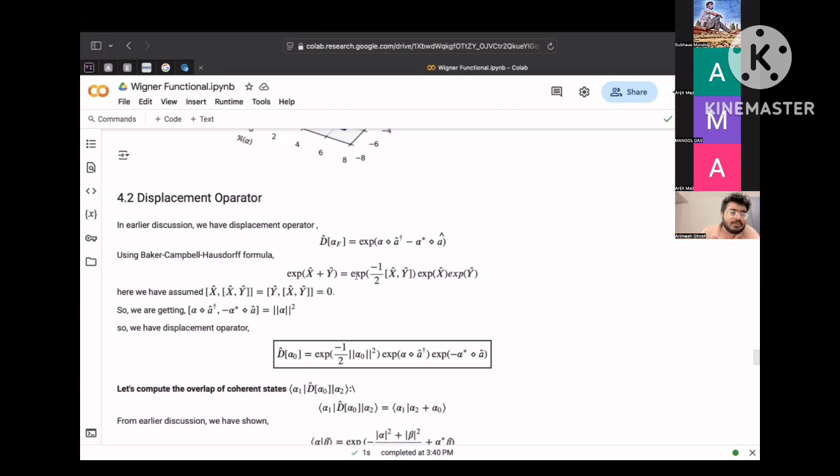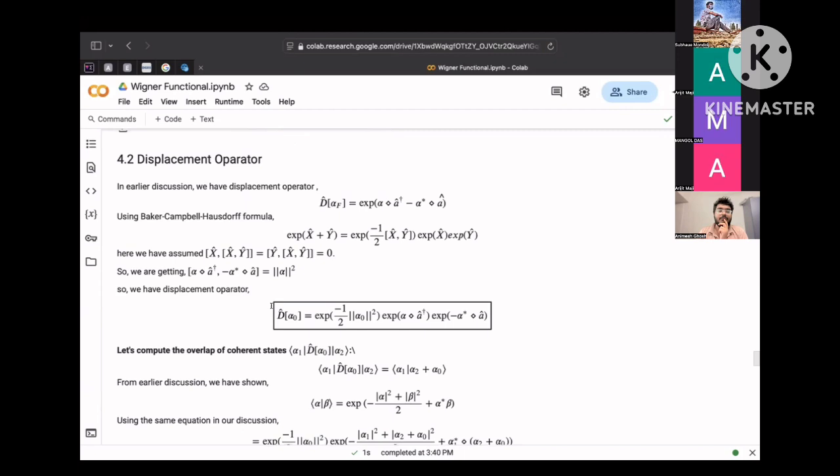Now, this is an approximate relation because we have assumed that the commutator of x with the commutator of x and y, and of y with the commutator of x and y, are both 0. So if we put those values and calculate this commutation relation, we get that it is nothing but mod alpha square. Keep in mind that with the two vertical strokes we are taking the modulus of a complex parameter.